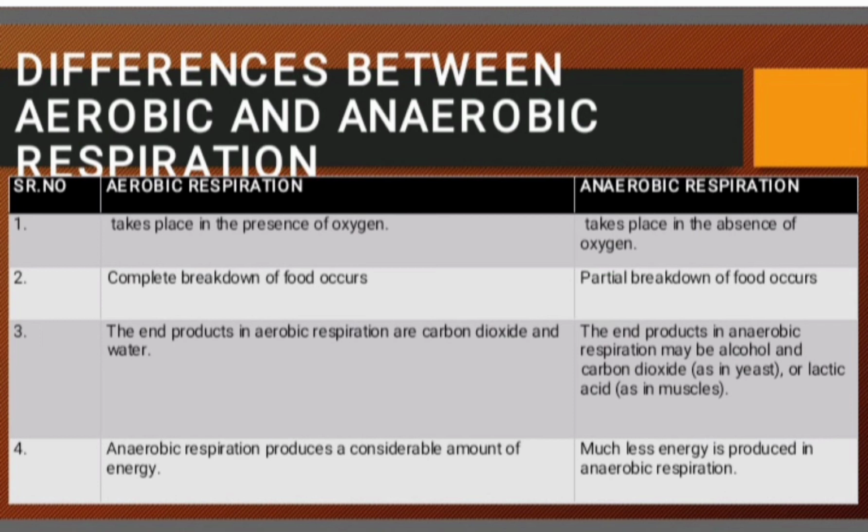Now the last point is, aerobic respiration produces a considerable amount of energy. That means more energy is obtained. But in anaerobic respiration, much less energy is produced. These are the differences between aerobic and anaerobic respiration.